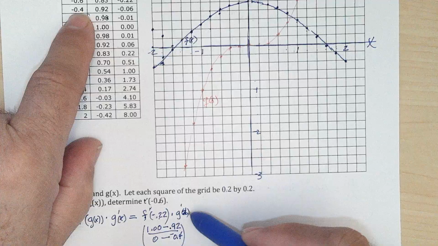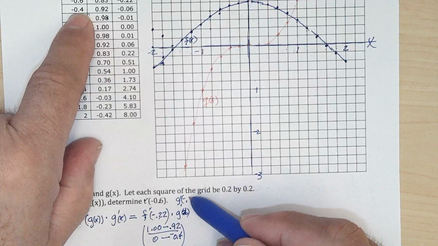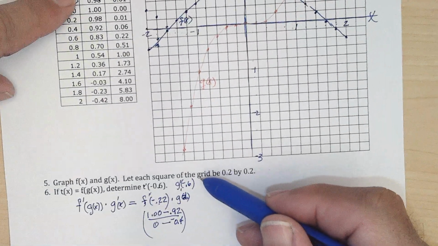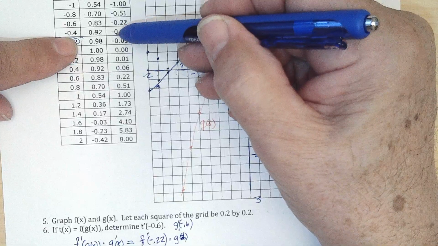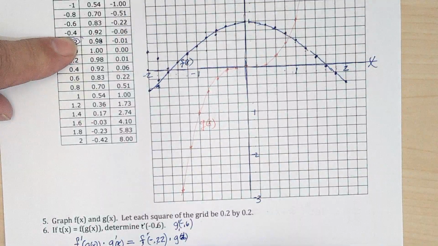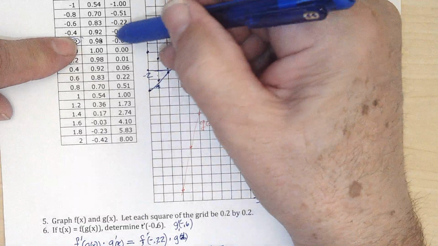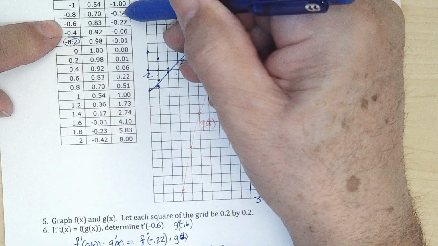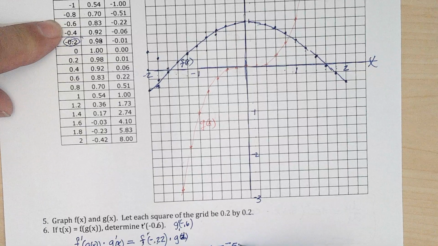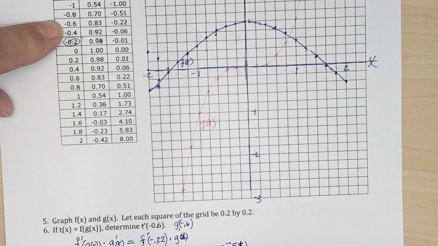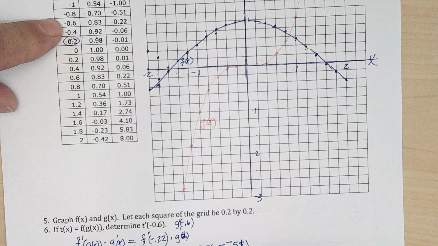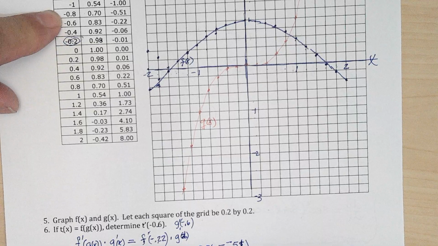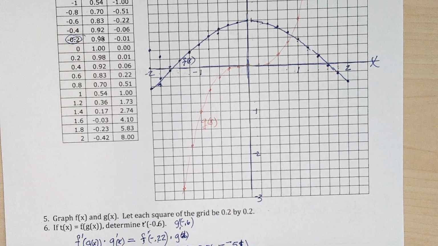times the slope. This was g at negative 0.6. So at negative 0.6, I have to get its slope, and I have to multiply them according to the chain rule. So the slope here, I'm going to go a little bit beyond it. So negative 0.06 minus a little bit before negative 0.6, here, negative 0.51, over negative 0.4 minus negative 0.8, going either side of negative 0.6.